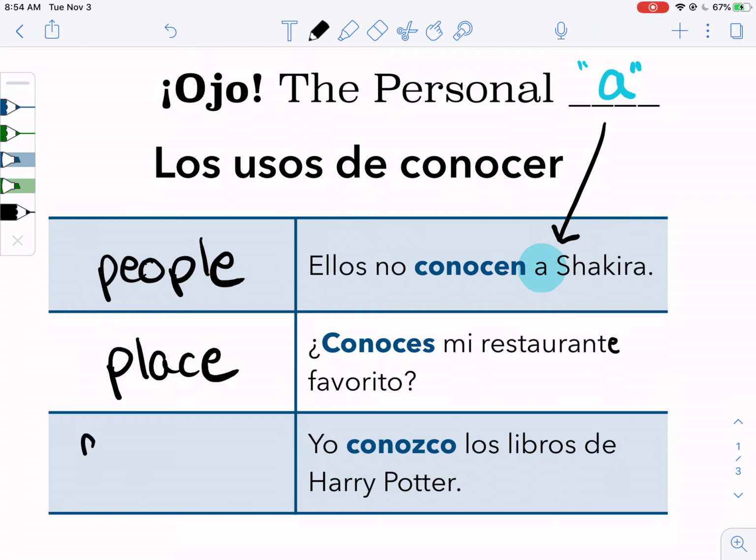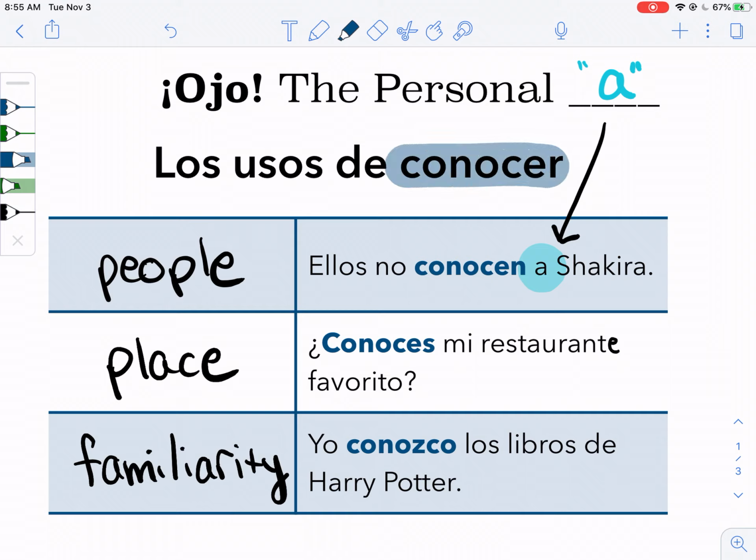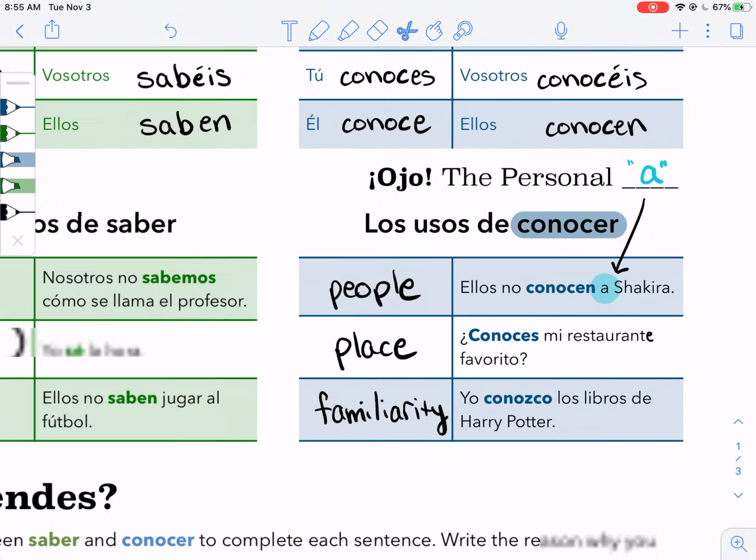We use it to express familiarity with something. So use conocer to talk about knowing people, knowing places, or being familiar with a work, basically.